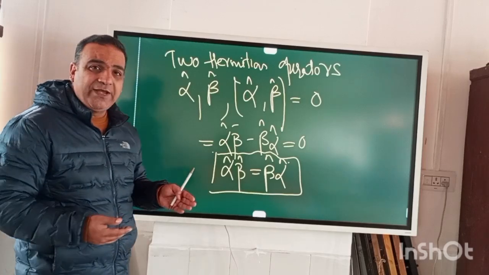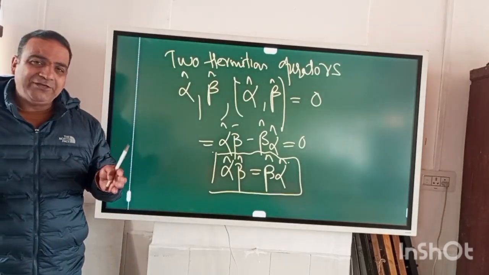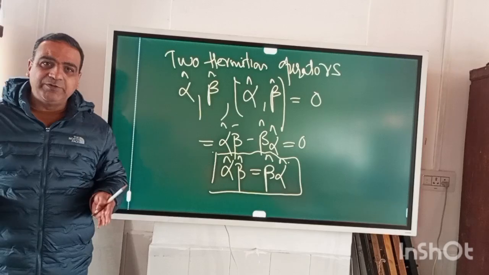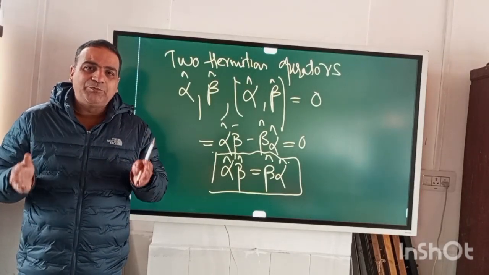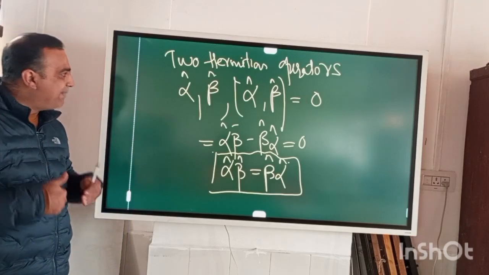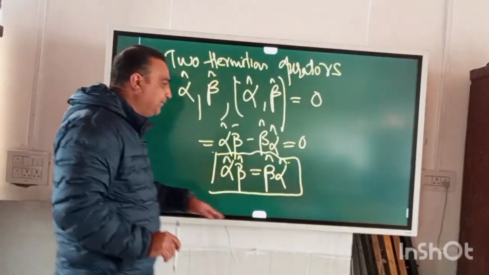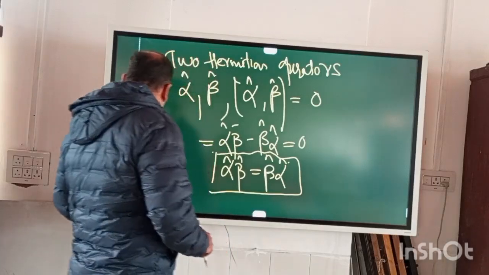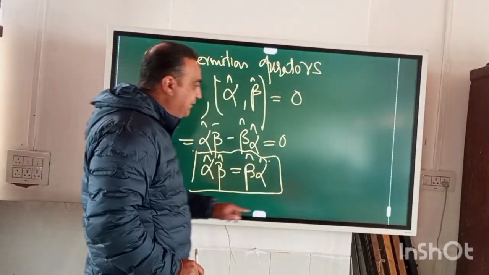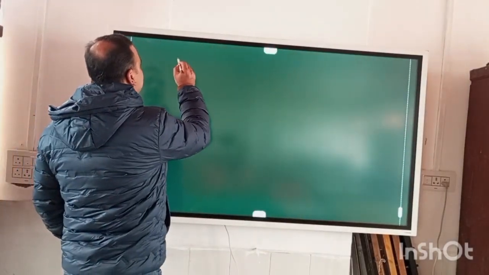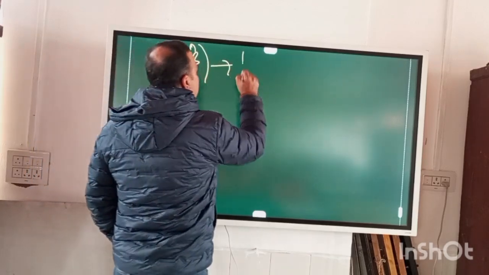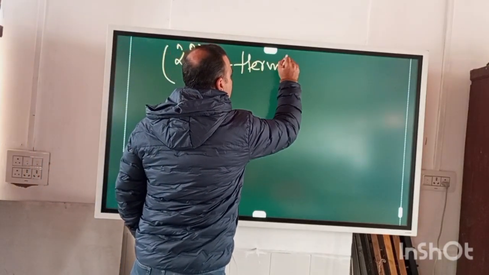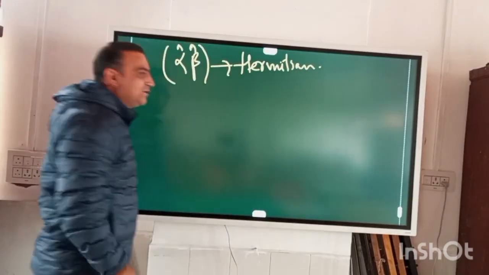But what I am trying to tell you here is that if alpha cap is a Hermitian operator and beta cap is a Hermitian operator, I would like to prove that their product, alpha cap beta cap, is also Hermitian. So that's my intuition. That's what I want to reveal here. And this is the target.